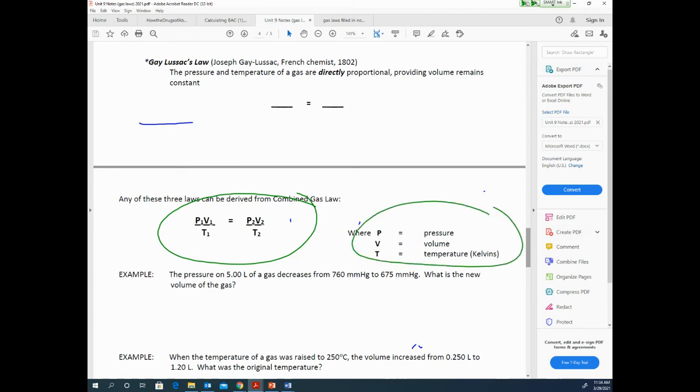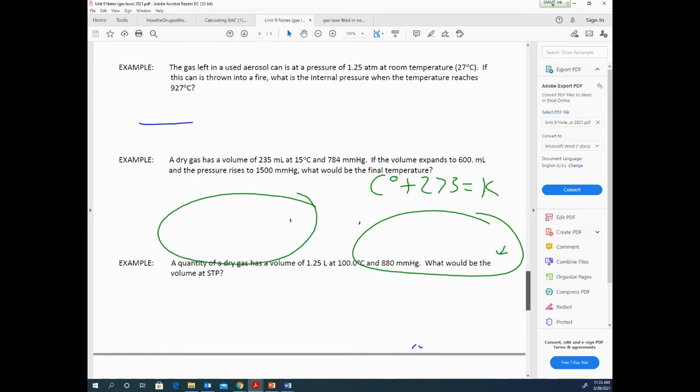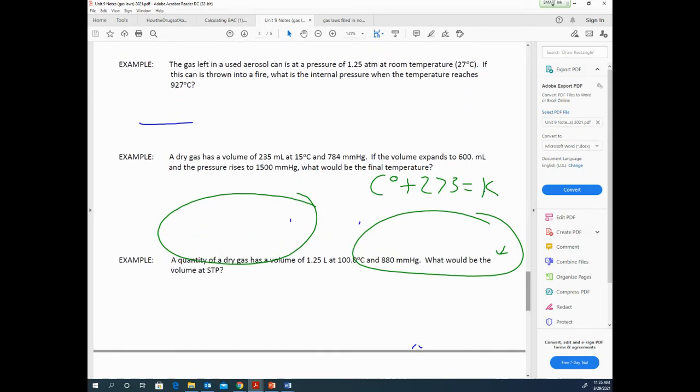And it also reminds you that temperature has to be in Kelvin. To get Kelvin, you take your Celsius plus 273. Okay, now we just need to do the problem. This is our putting it all together. These last two problems will be the combined gas law.